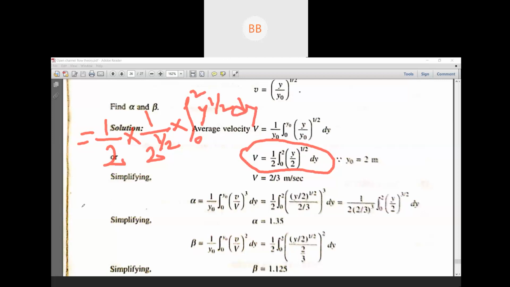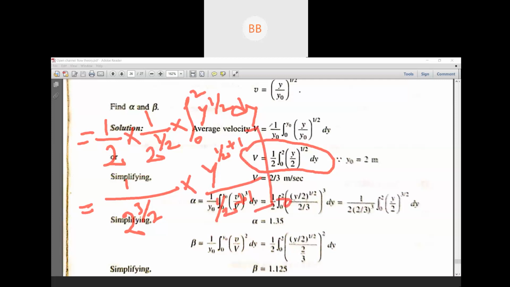Again, if you solve, this is 2 into 2 to the power half, which is 2 to the power 3 by 2. Then multiplied by the integration, which will be y to the power half plus 1 divided by half plus 1, with limit 0 to 2.